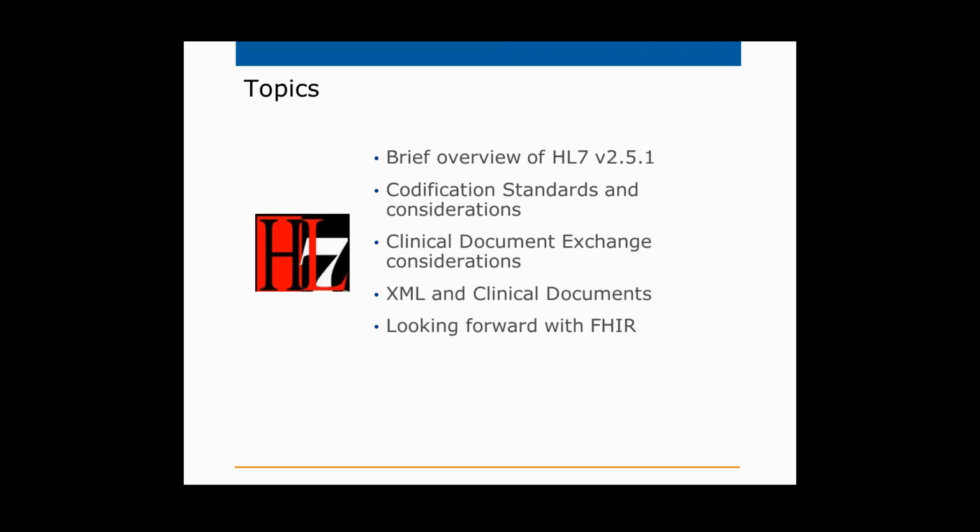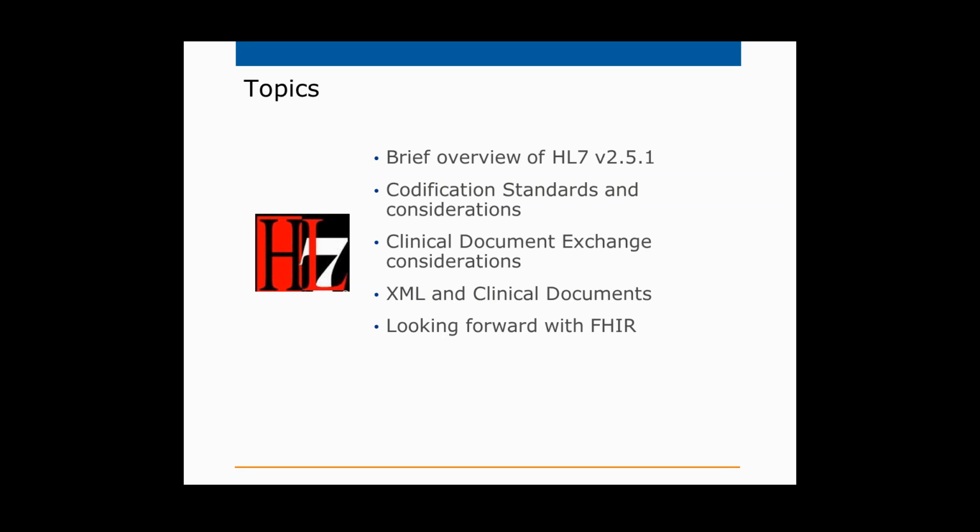Today I wanted to take a look and discuss a brief overview of HL7 version 2.5.1 and get into some of the details there. We'll talk about the specific codification standards that are required in version 2.5.1, and I can explain those a bit in a few slides, and we'll look at some examples of each of those.